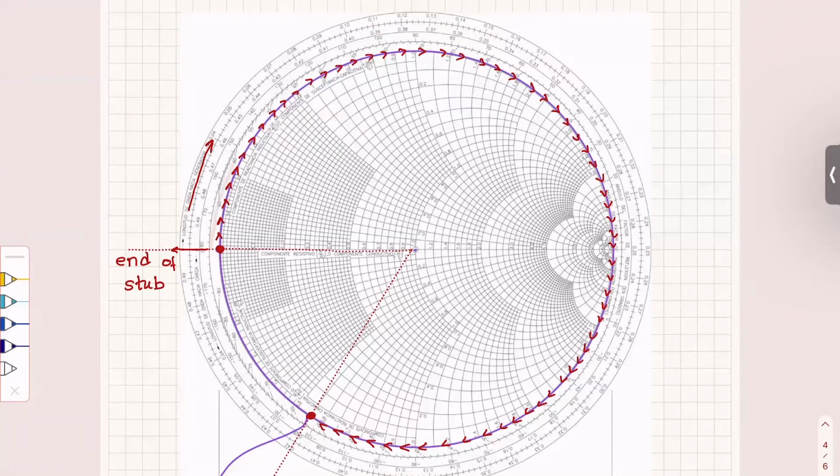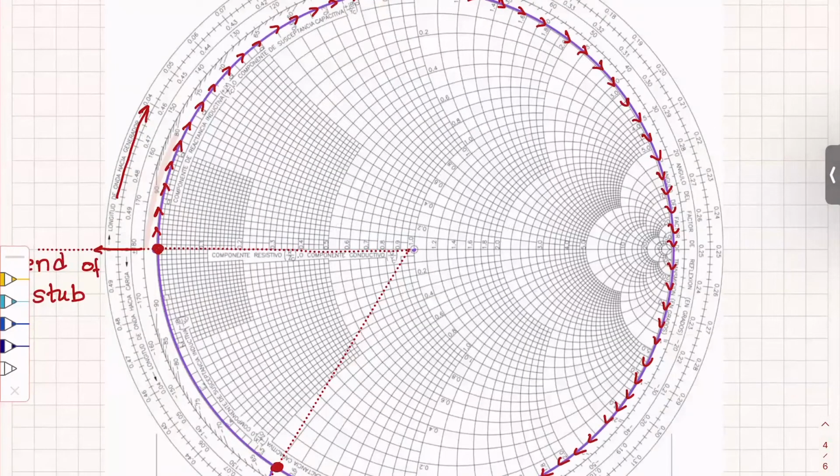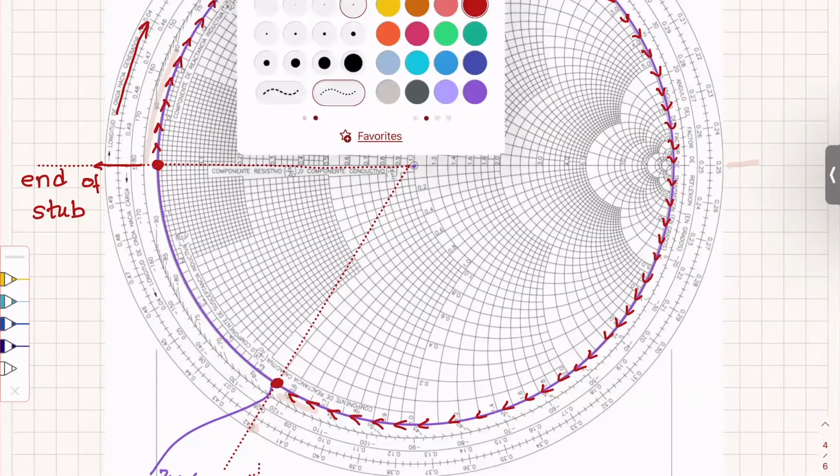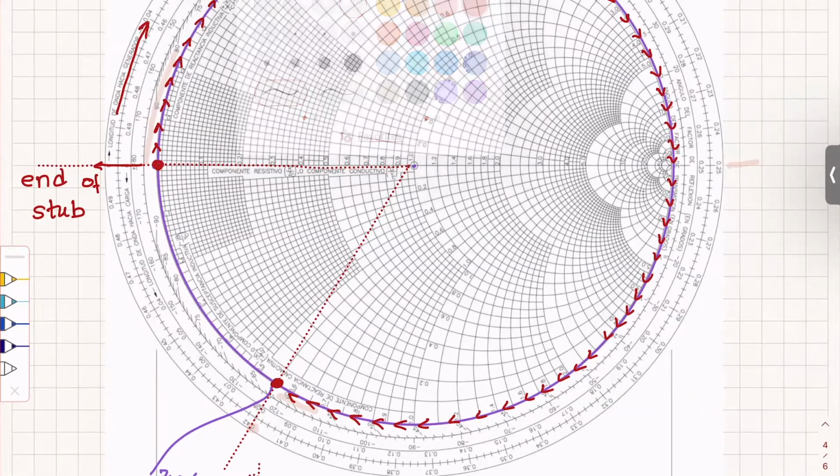I moved from position 0, I go around, I arrive here, which is 0.25 of a wavelength, and then I continue until I measure here, and I see it's 0.418. So the length of the stub, D, has to be 0.418 wavelengths to be able to do that.